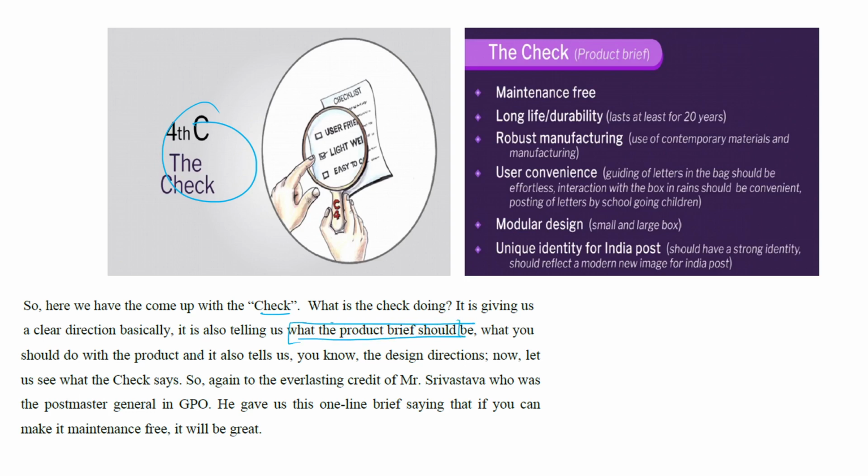What you should do with the product, and it also tells us the design directions. So who is Mr. Shrivastava here? He's basically the Grand Postmaster at the GPO in Mumbai. And we are talking about that one line brief which he gave as maintenance free post box. So basically it is the product brief.